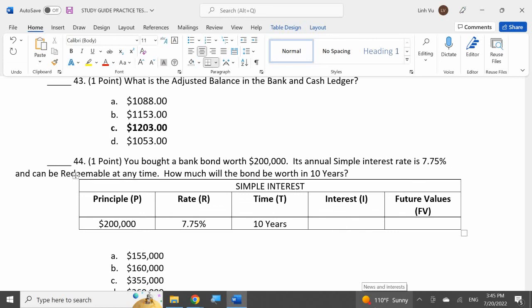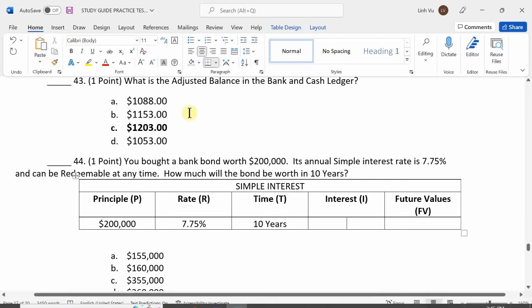It'll be worth $355,000. So in this case, how did you solve for future value?